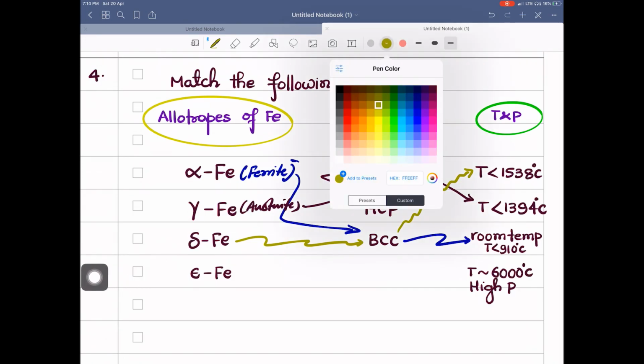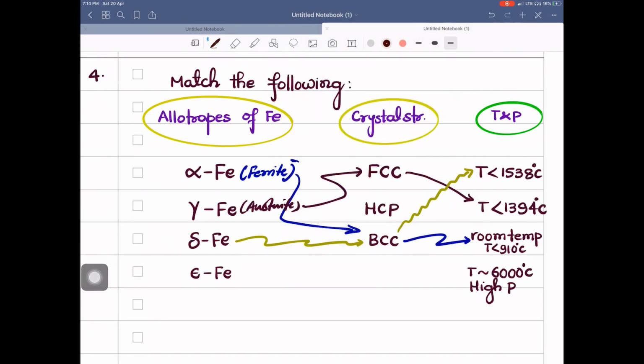And the last one is epsilon iron, which is basically an HCP crystal structure, that is hexagonal close packed. It is not stable at room temperature, but only at very high temperature and very high pressure, like in the core of the earth, where the temperature is around 6000 degrees centigrade. So these are the various matches.